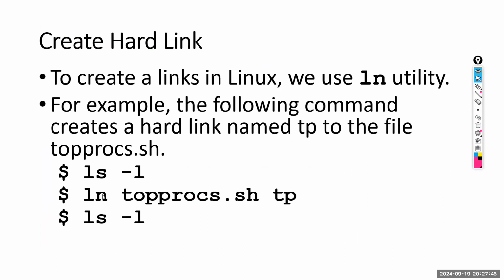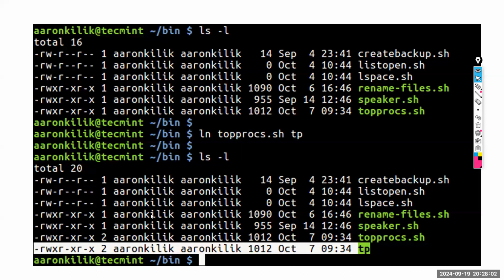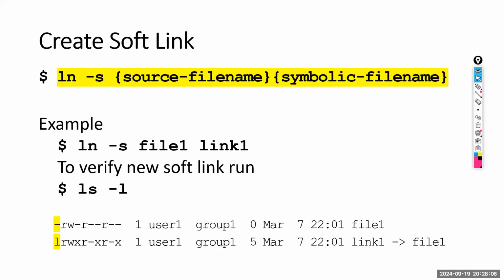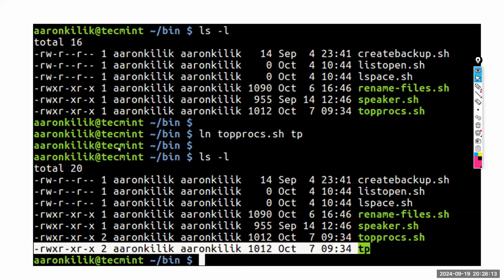Right. This is how you create a hard link. You use ln, the file name, and then the link name. Then when you type ls -l, you will see the link. And if you want to create a soft link, use -s also.